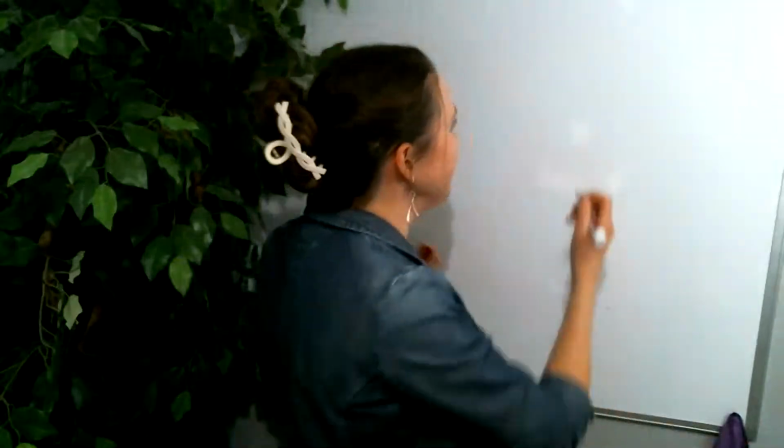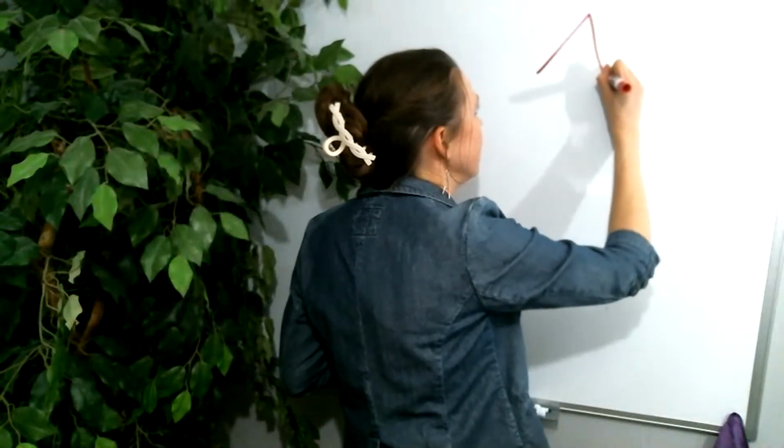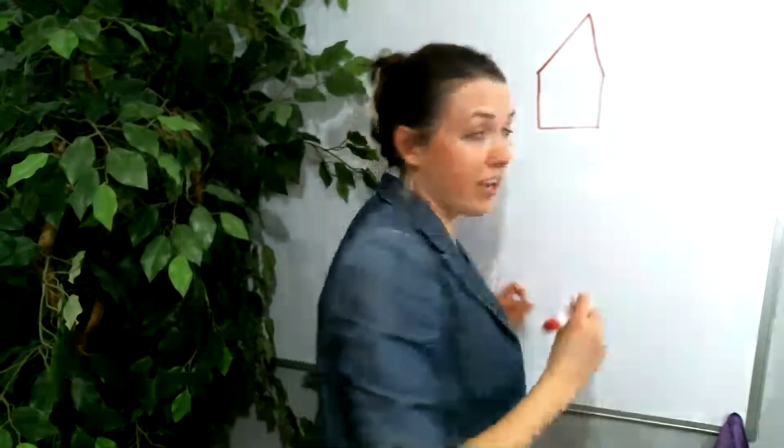This time we're going to figure out the composite shape of a doghouse. Okay, so we're dealing with three different shapes, or I guess in this lesson, three different shapes, because we really want to make sure that you practice area of different shapes and then adding them together. Okay, so here I have a doghouse.